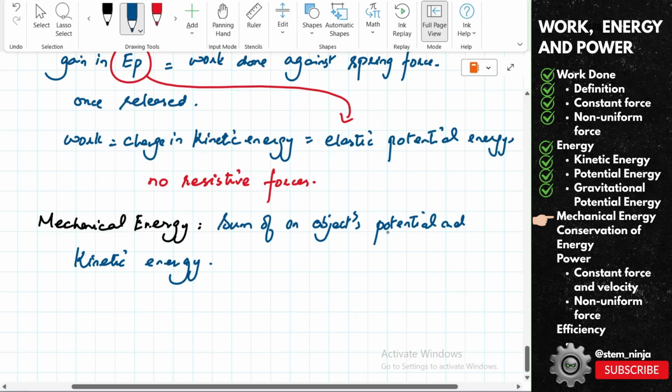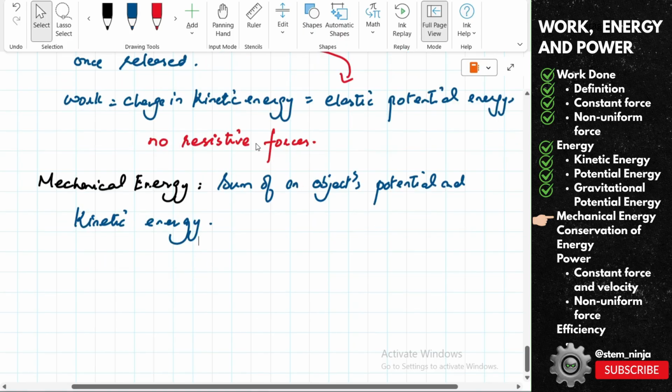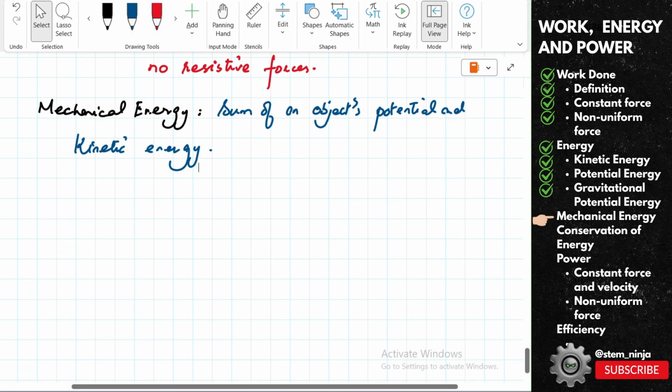And notice that it's not just gravitational potential, it could be any form of potential. So the forces that maintain the balance of conservation, or conserve the mechanical energy, are called conservative forces. And those that add or take away mechanical energy are called non-conservative forces.